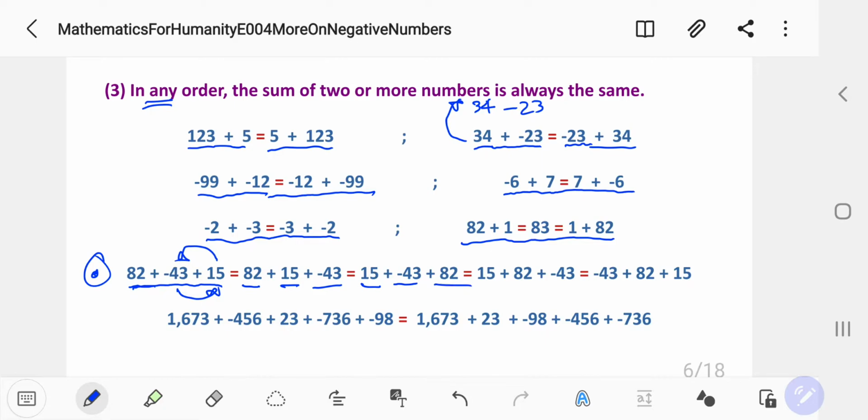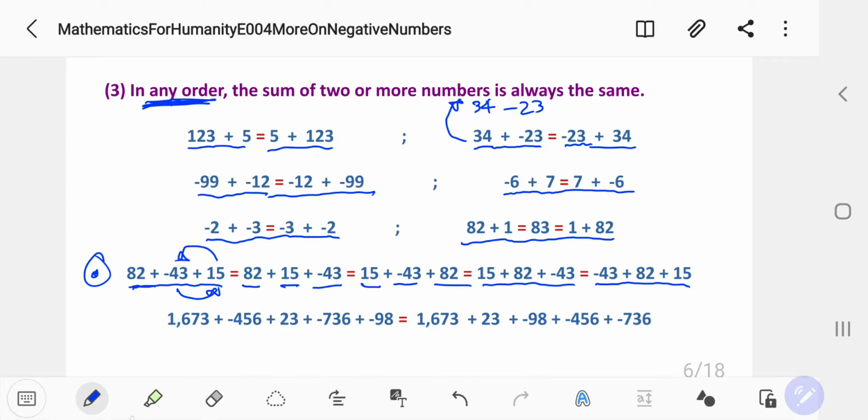That's still the same. The order does not matter in addition. So you have negative 43 plus 82 plus 15. You have different orders of the three numbers here, and they all give the same sum or the same total.